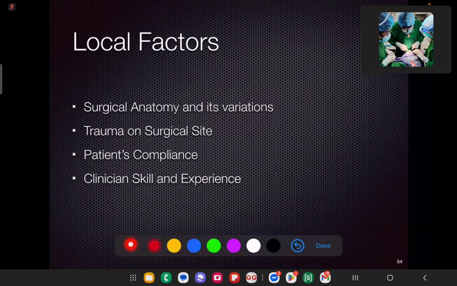And of course, there would be issues on the clinician's skill and experience. It means you did everything, but you still lack skill and experience in that surgical procedure. So if you think that you cannot perform the surgical procedure and you don't have enough skill, then don't perform it at all. You might bring in more complications rather than simple complications.